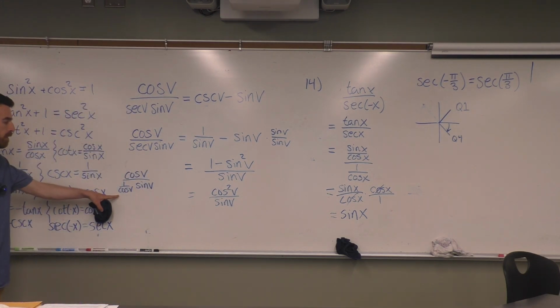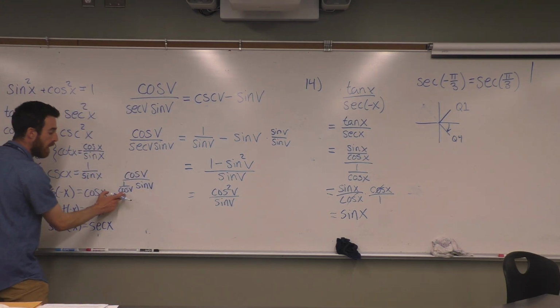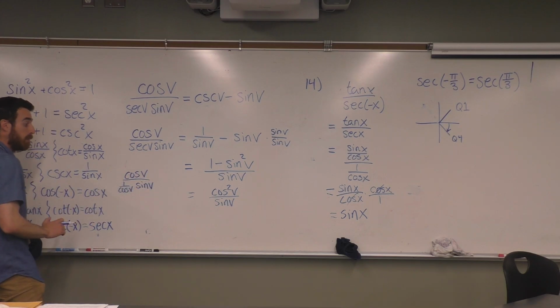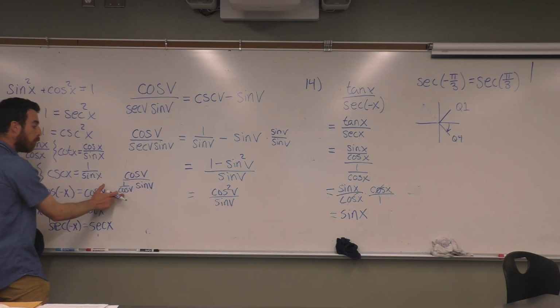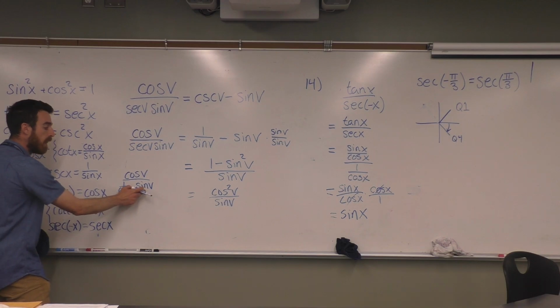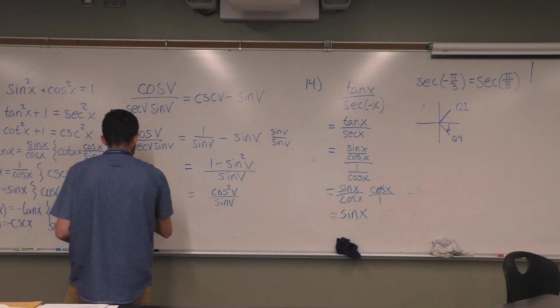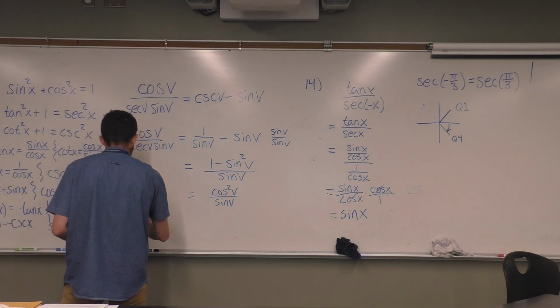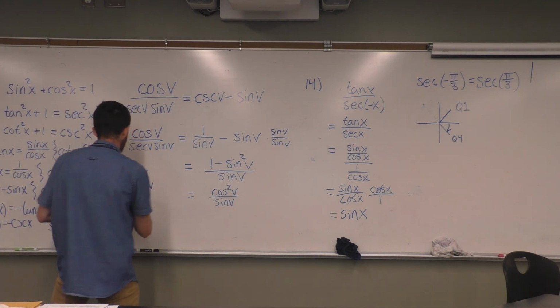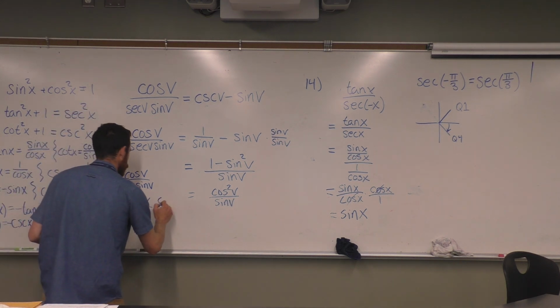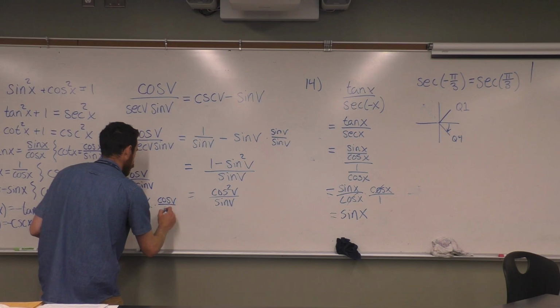Just substituting. Already I could see that having the cosine in the denominator of this part of the fraction, the denominator of the overall fraction, with keep, change, flip, you can keep this sign here. You got to be careful with the way you're thinking about that algebra, but I am dividing by cosine of v. So just taking care of that aspect of keep, change, flip, this 1 over cosine multiplies up to the numerator.